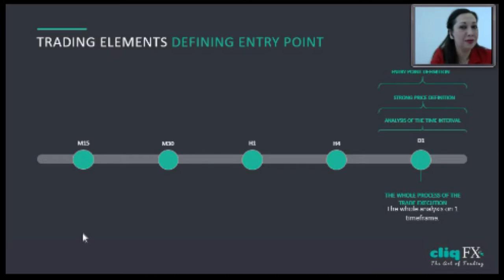So you don't have to move anywhere else. You just stay on this time frame. You regard your signal, you understand that the big market player is here, and you open your position. So these are 3 variants of defining the entry point. It's like a resume, according to different time frames.